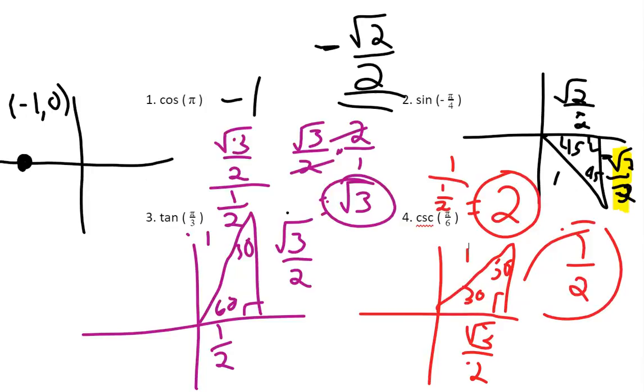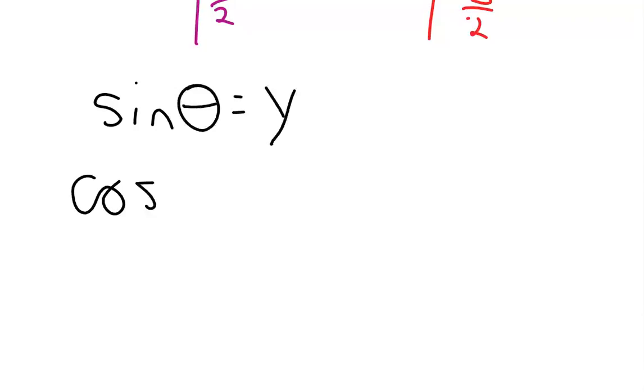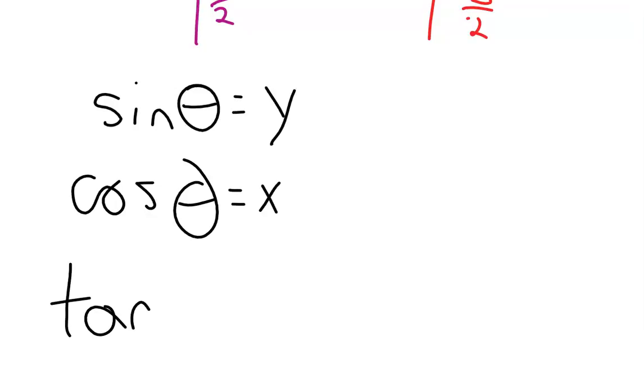And to leave us with, we just want to reiterate. Sine of an angle is equal to the y. The cosine of an angle is equal to the x. Tangent is going to be our y over our x.